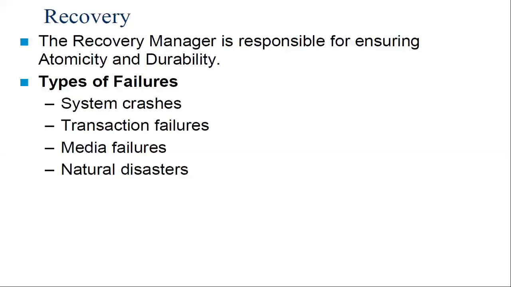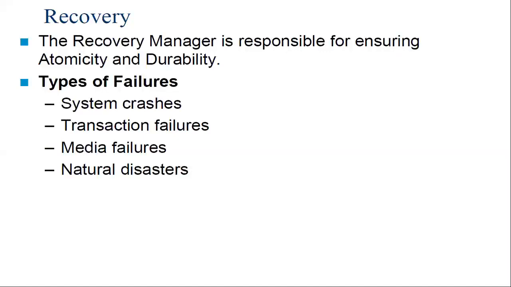And what are the types of failure? This we have also discussed in the previous topics. They are system crash, transaction failures, media failures, and natural disasters. During a transaction there can be different reasons for failure, such as exceptions, logical errors, and network failure.